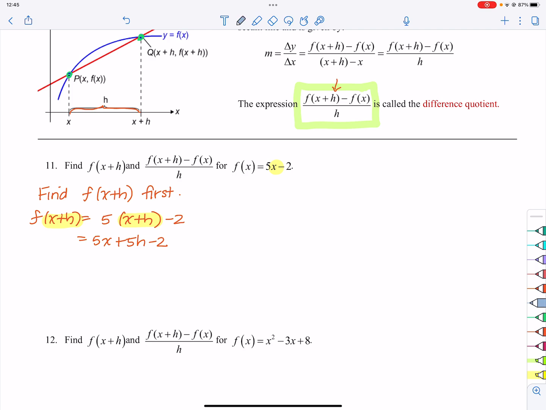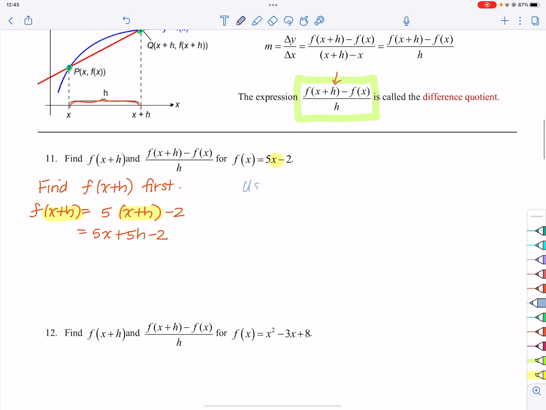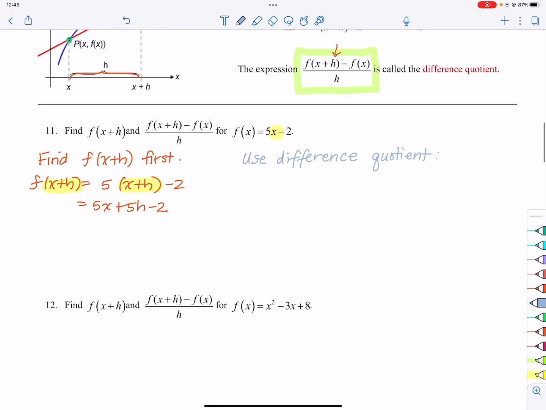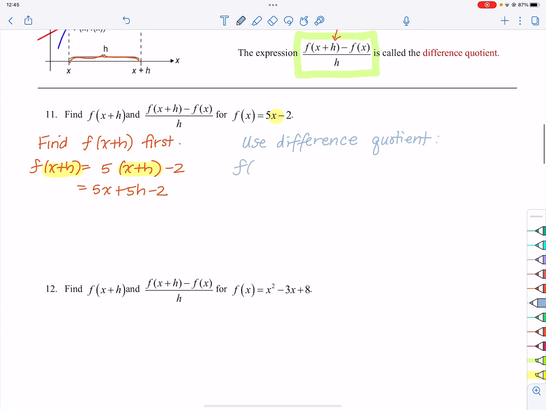So now we're going to use the difference quotient. And we're going to have f of x plus h minus f of x all over h. And again, this is our f of x plus h.